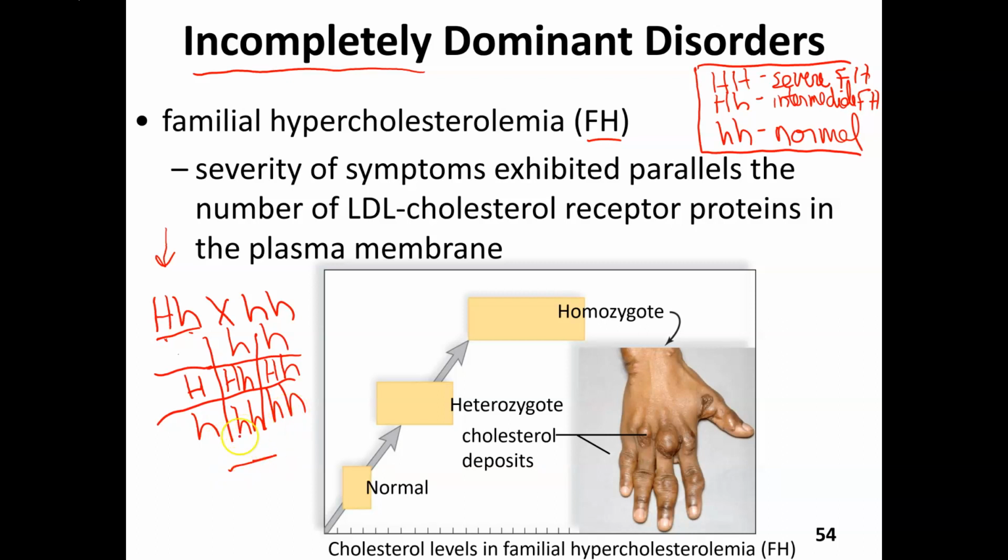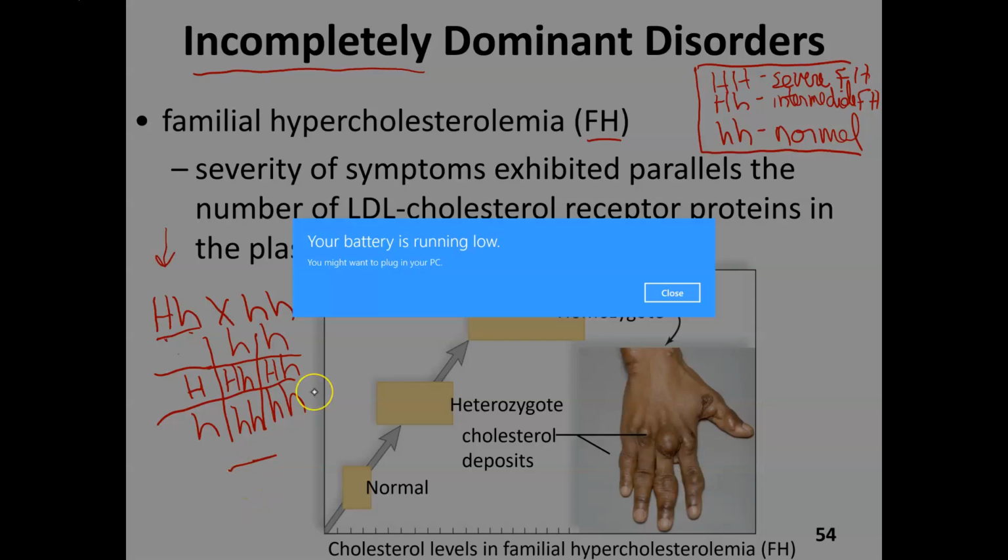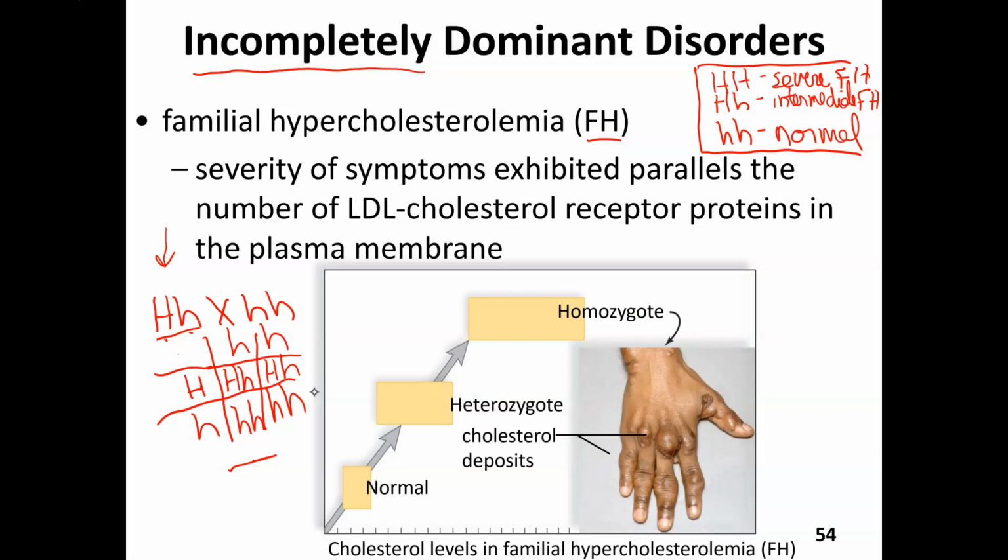And I have 2 children, a daughter and a son, that have the disease. So that tells me that my husband is heterozygous and not homozygous dominant for the disorder.